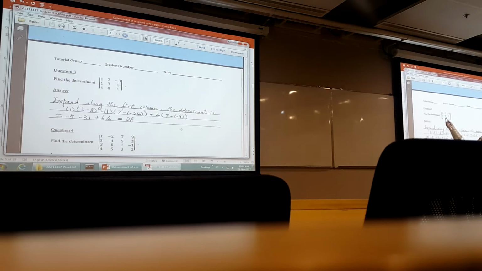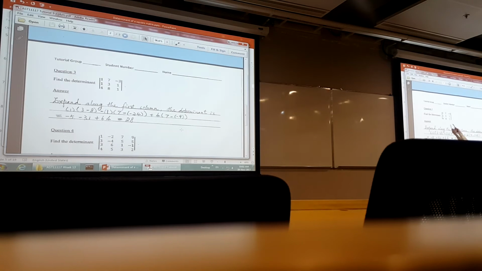And then for this position, it is 1 minus 12. So it is minus 11. Minus 11 times 3 is minus 33. Positive position, so I write down minus 33.